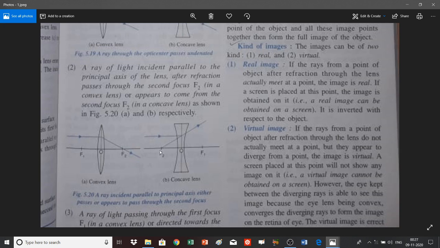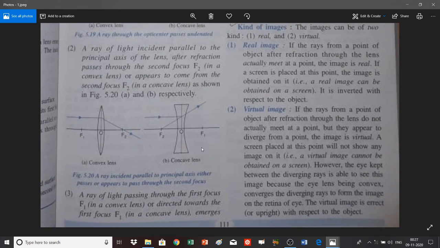In a similar way, if you take another ray in this direction, parallel to the principal axis, it will diverge, and it will seem that this ray is coming from the point f1, the first principal focus.